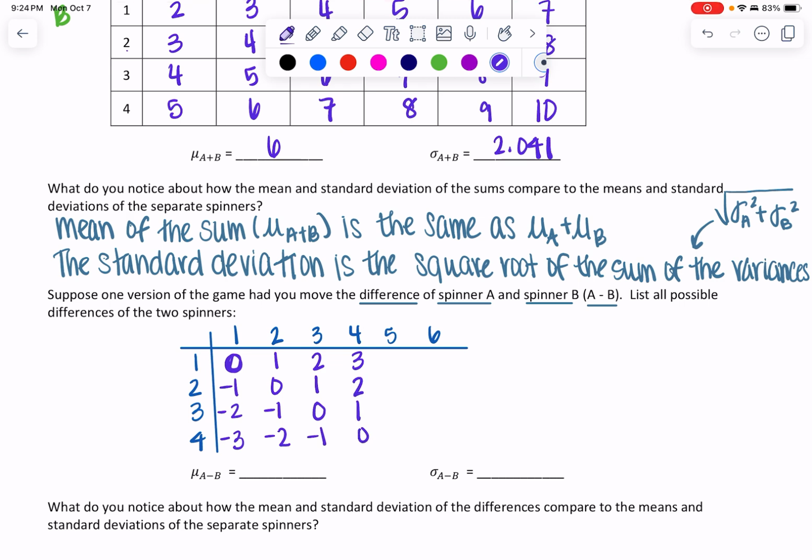So this is the pattern we're doing. 5 minus 1 is 4, 3, 2, 1. 5, 4, 3, 2. So if you make a prediction about now, I hope you get it right.